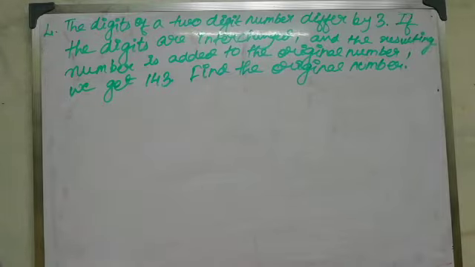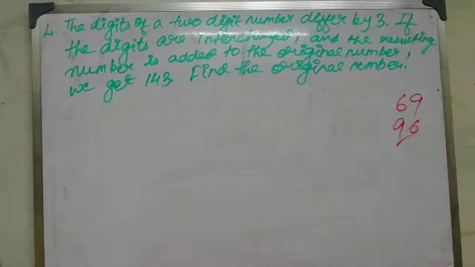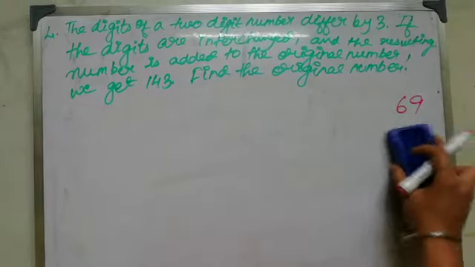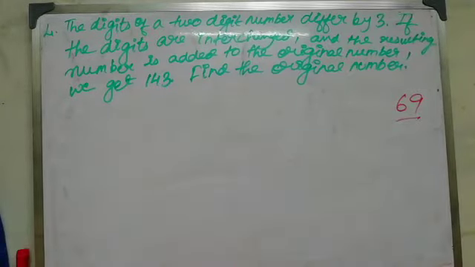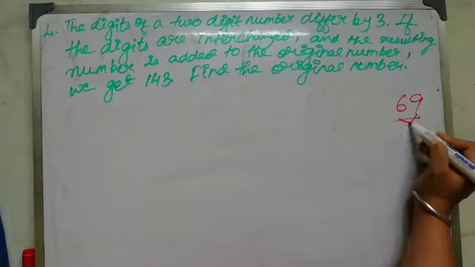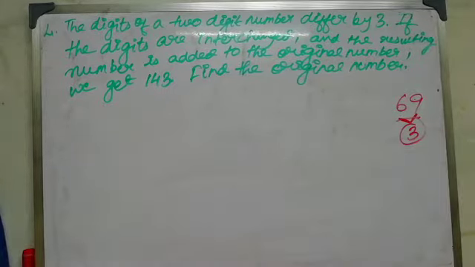Now see, what is my question telling me? There is a 2-digit number, and the digits of that number differ by 3. Suppose 69 or 96, fine, let us work with 69. The difference between these digits is 3, since 9 minus 6 is 3.